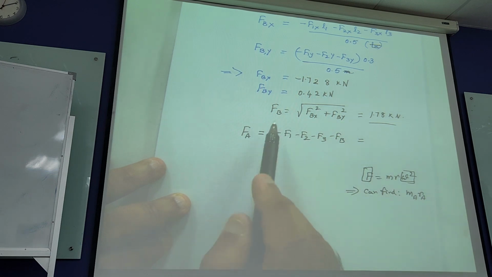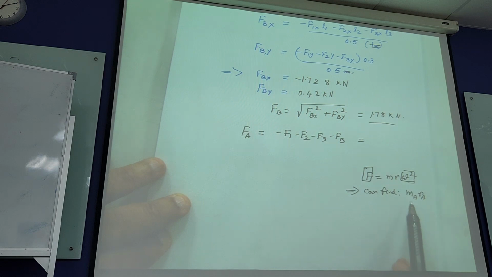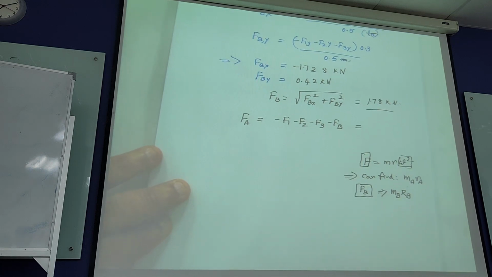Similarly, from FB you can calculate MB RB. So from FB you calculate the product of mass B and RB, because FB is nothing but MB RB omega square.